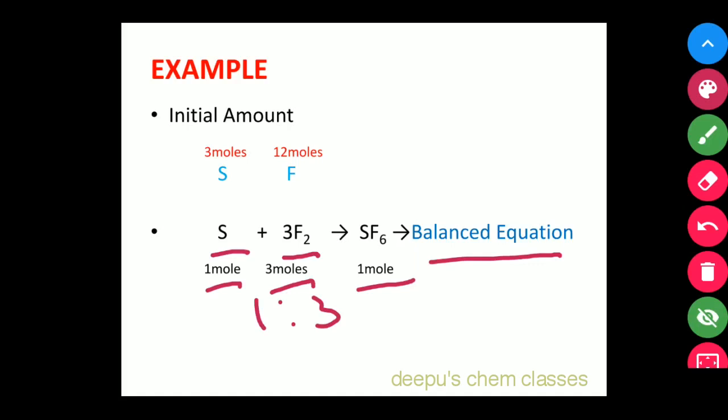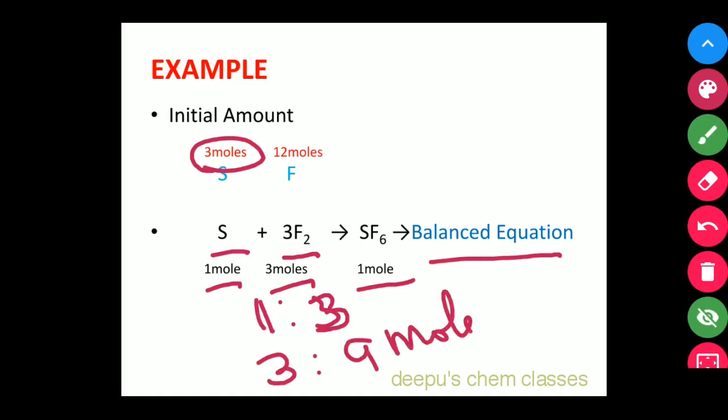But we are taking 3 moles of sulfur. So just to double check, 1 mole of sulfur can react with 3 moles of fluorine, then 3 moles of sulfur can react with 3 into 3, 9 moles of fluorine. Isn't it? 9 moles of fluorine.